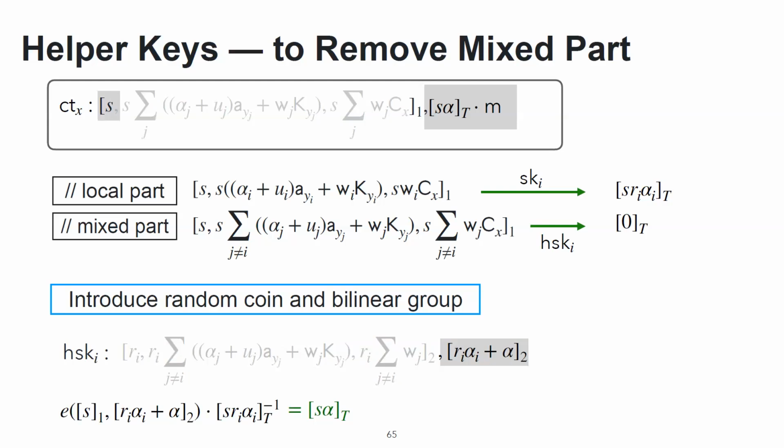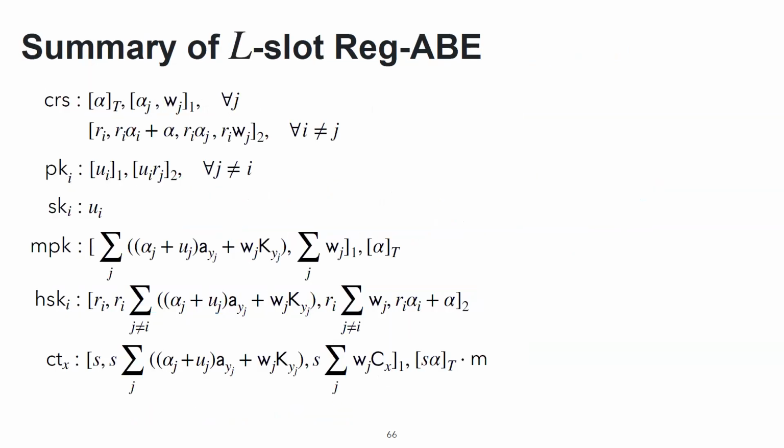With this trick, the user in slot I can recover the message as follows. To summarize, we get the LSO registry ABE as follows. To achieve the security, we need to embody this scheme into composite order group, and we have to omit the detail here.